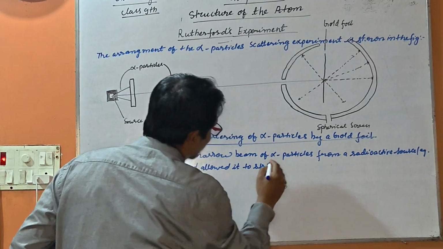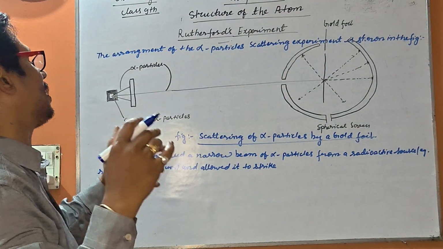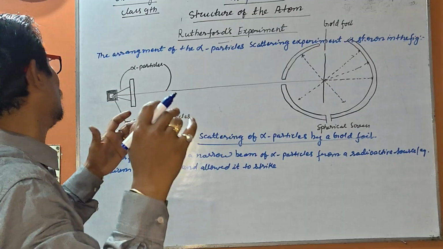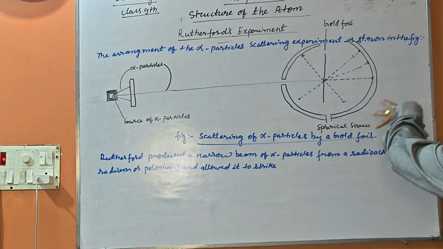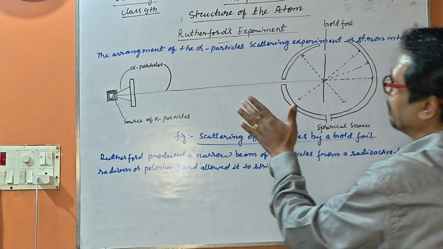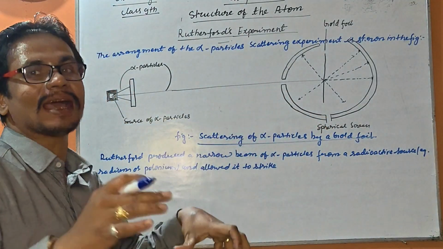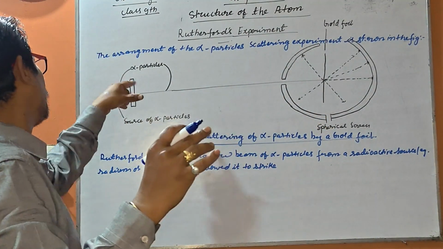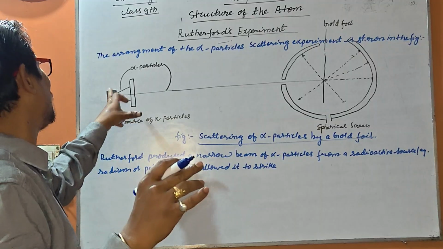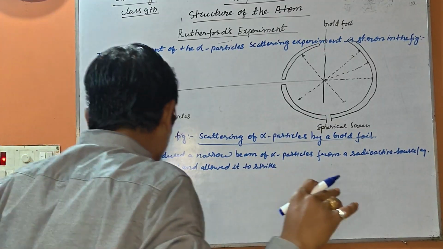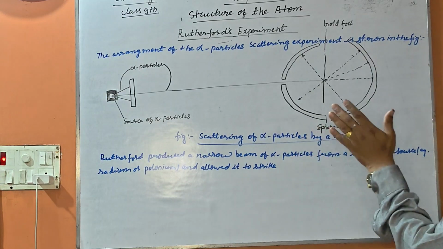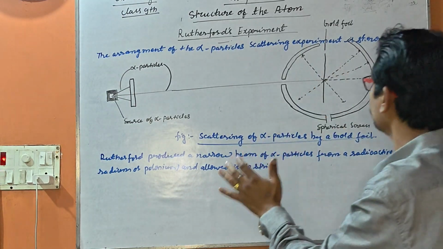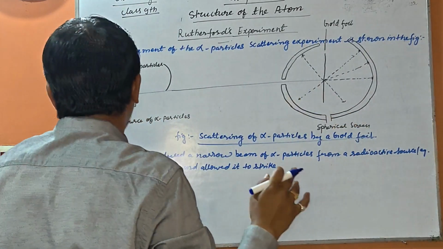I draw the diagram first because this diagram will explain it clearly. The arrangement of the alpha particle scattering experiment is shown in the figure. There is a source of alpha particles, and that is going to be radiated onto the gold foil.